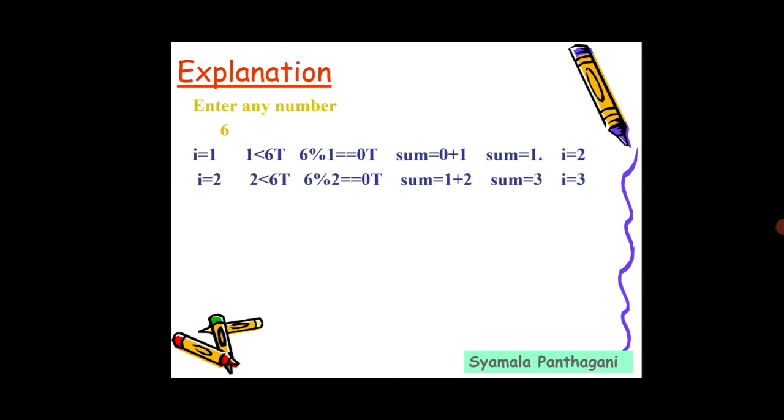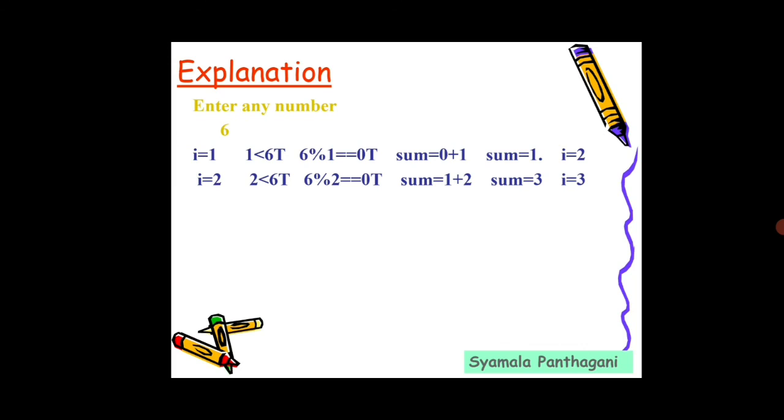The second iteration started with the new value of i, that is equal to 2. 2 is less than 6. This is also true. 6 mod 2 is equal to 0. This condition is also true. That's why we add that factor to the previous value of the sum. In the previous iteration, the value of sum is 1, plus here the factor is 2. That's why 1 plus 2 is equal to 3.